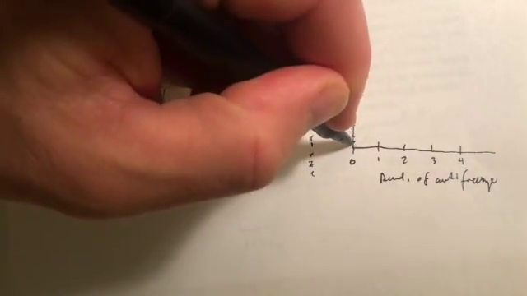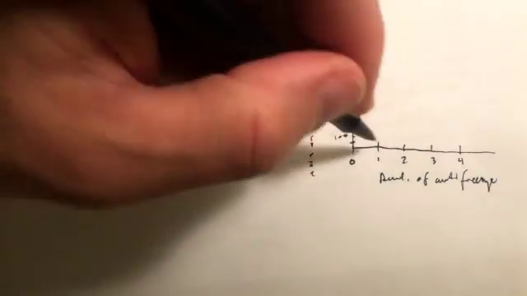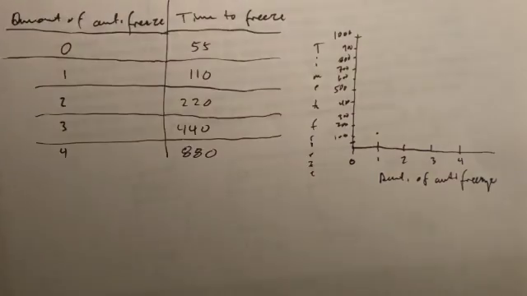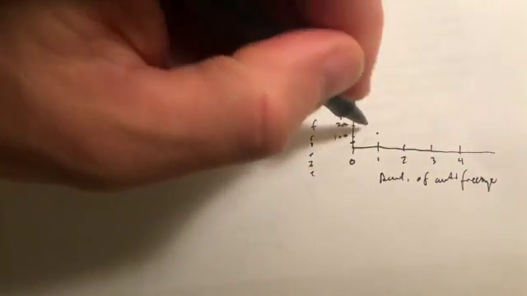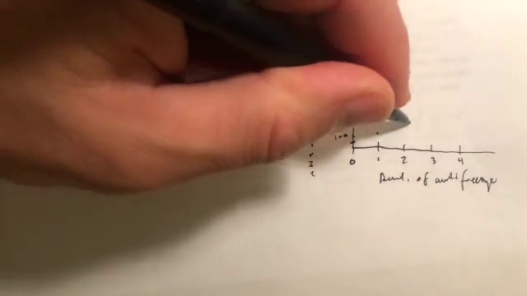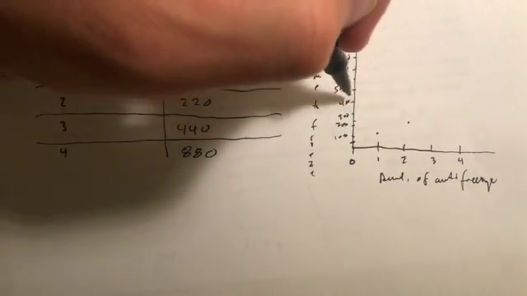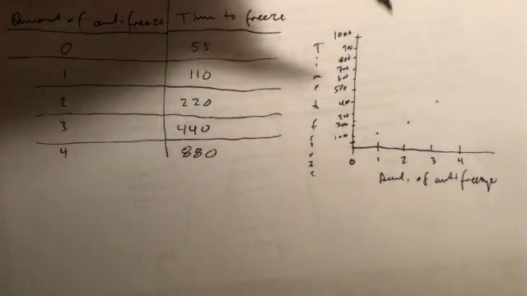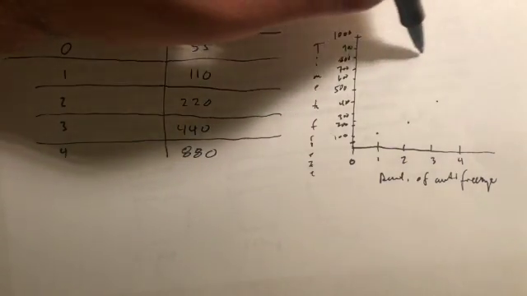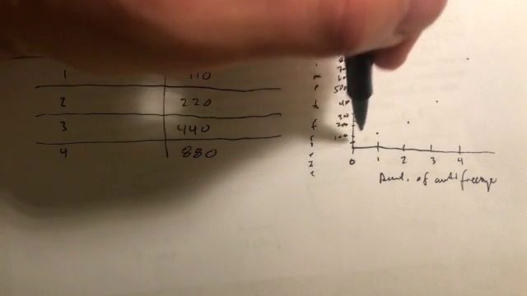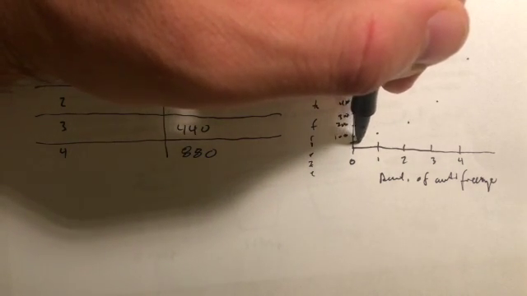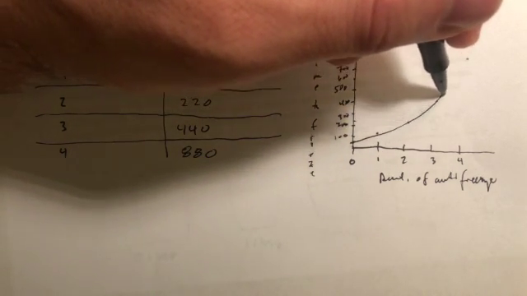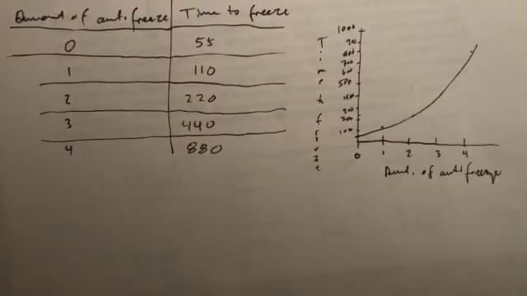All right, and so 0, 55, that's about right there. 1, 110, that's about right there. 2, 220. 3, 440. And 4, 880. This graph makes a nice smooth curve.